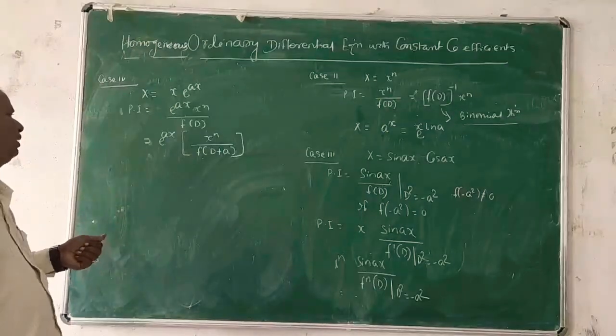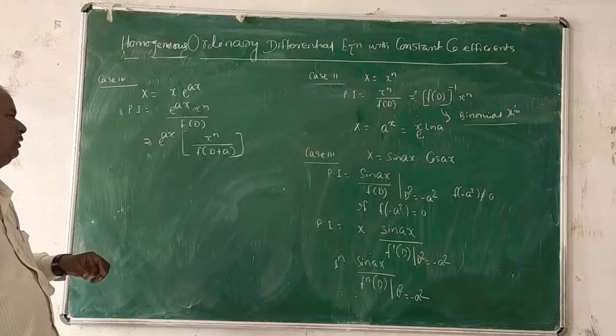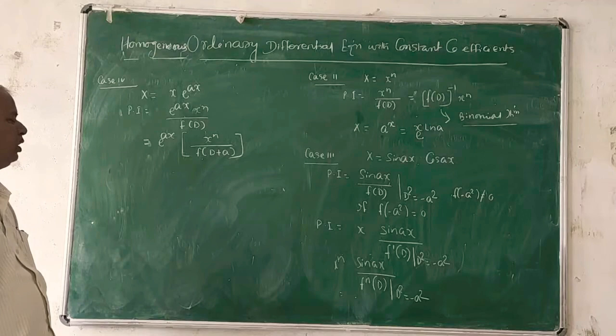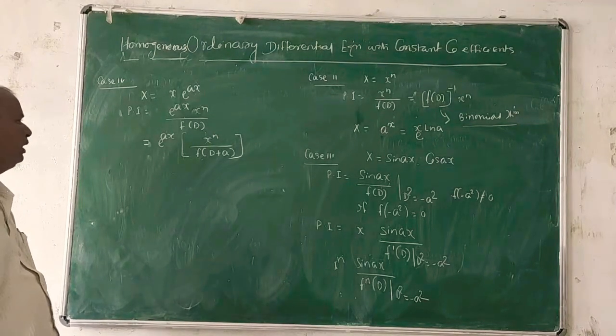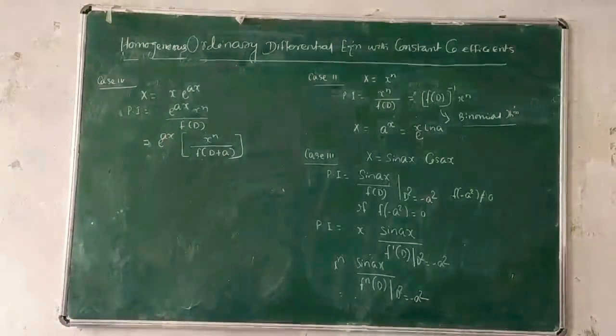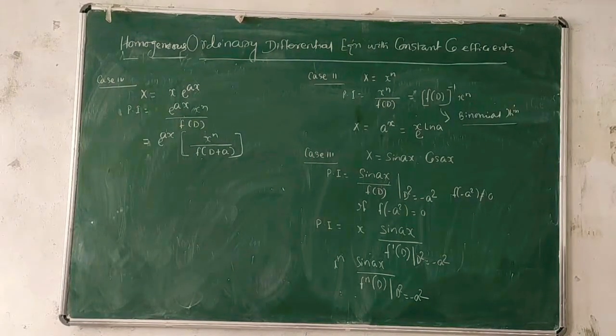So this is your e to the power ax into x to the power n by the function of D plus a. The technique is, instead of D, you substitute D plus a.